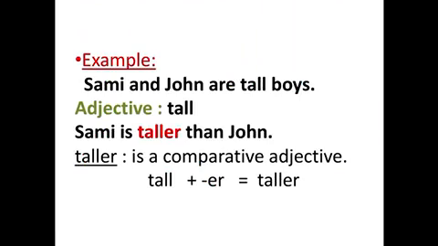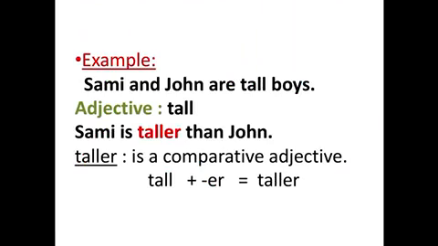Let's see this example. Sammy and John are tall boys. Here the adjective is tall, and we want to change it into a comparative adjective. So we add what? It became: Sammy is taller than John.